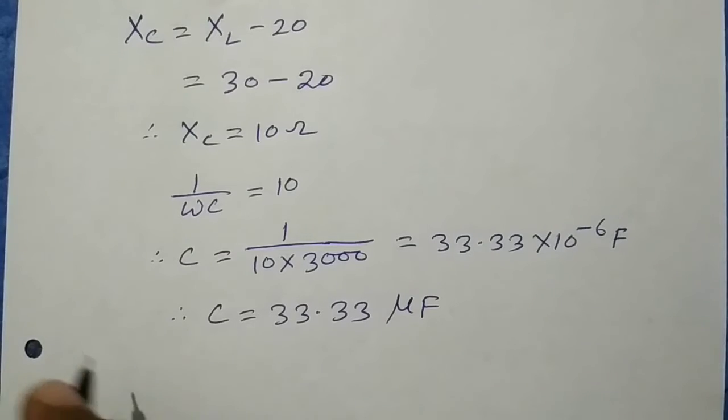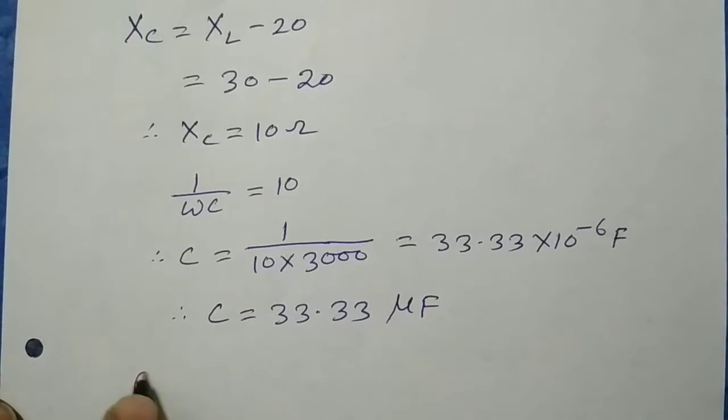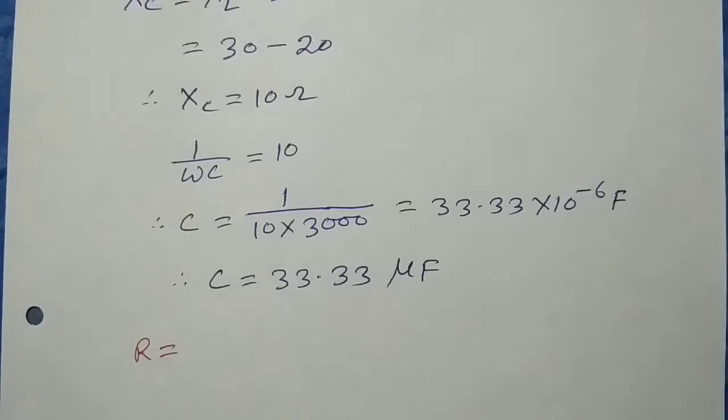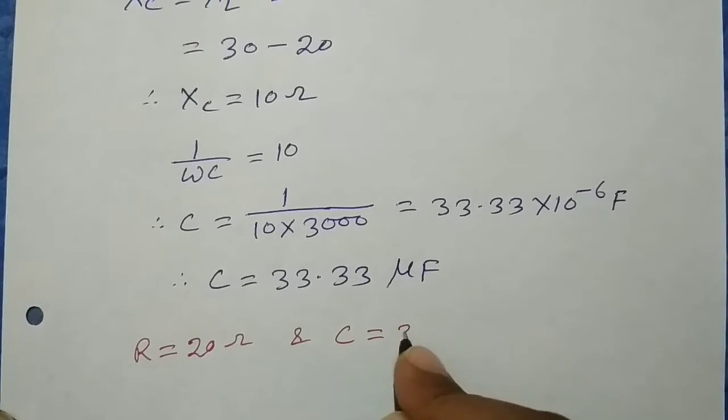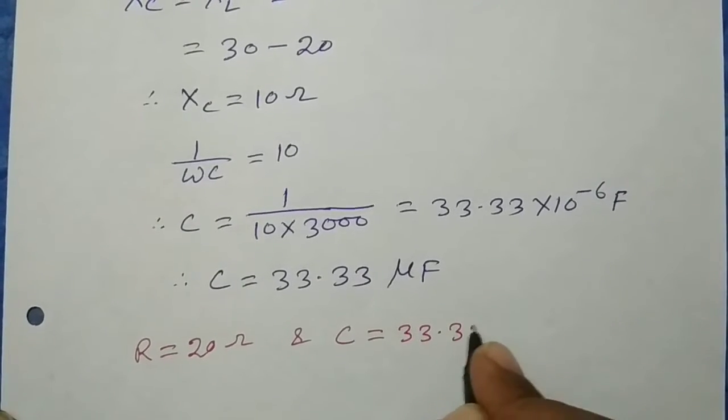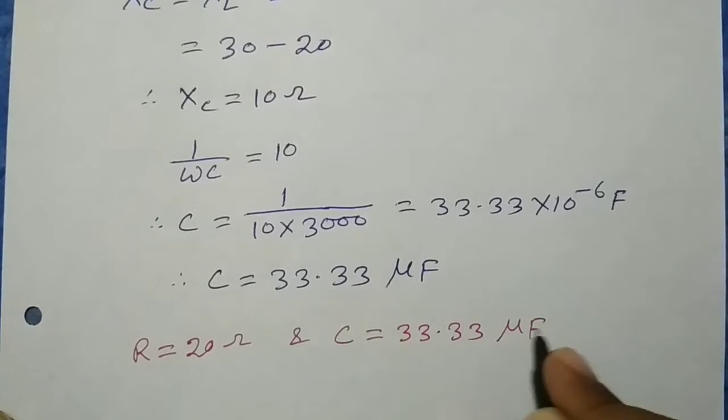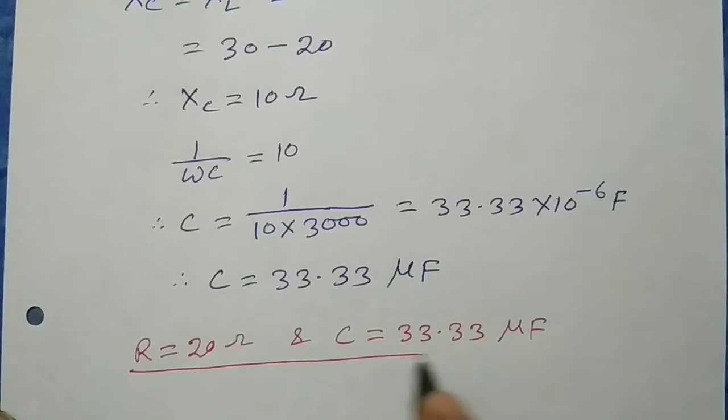So in this question the answers are: the resistance of the circuit is 20 ohms and the capacitance of the circuit is 33.33 microfarad.